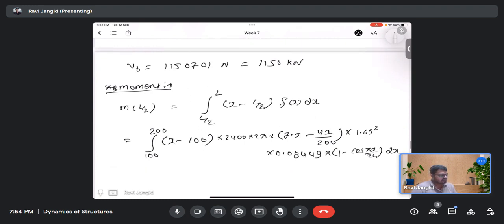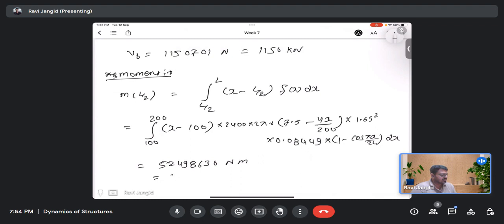If you do that, you will find this as 524,986.30 Newton meter, or you can write it as 52.5 mega Newton meter.